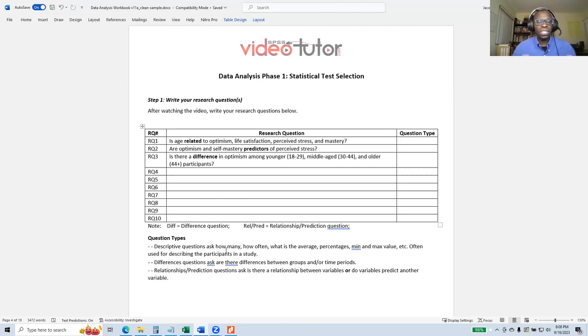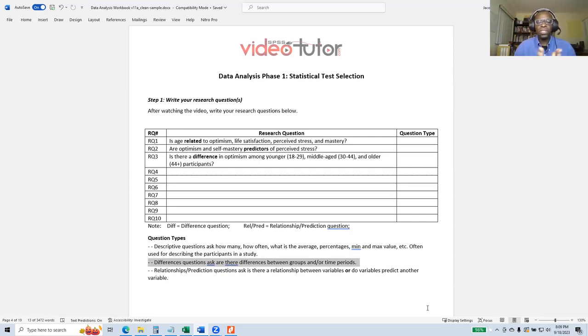We have differences questions, right? Differences questions ask whether or not there are differences between groups or time periods. So for example, is there a significant difference between students in classroom A and students in classroom B on math tests? That's a difference question.